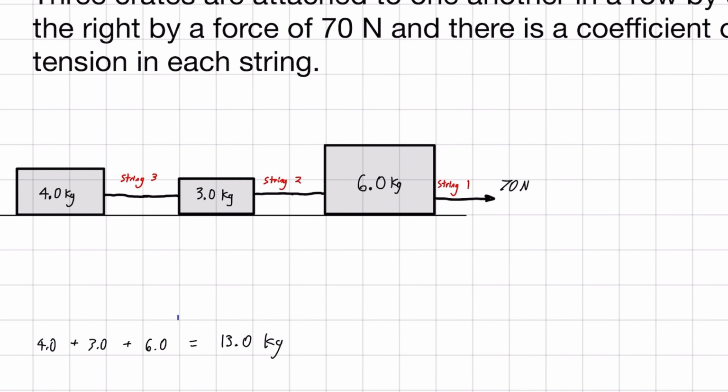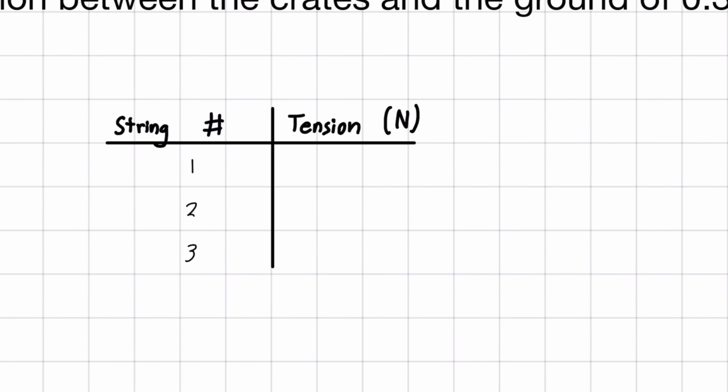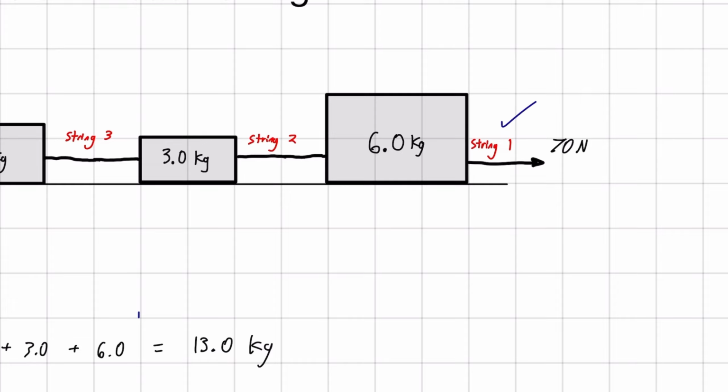And actually, before we go on to the next step, I want you to see we already know the tension in string 1. String 1 is just 70 newtons, so we don't need to solve for that. We know the tension in string 1 is 70 newtons. So that one we got done.